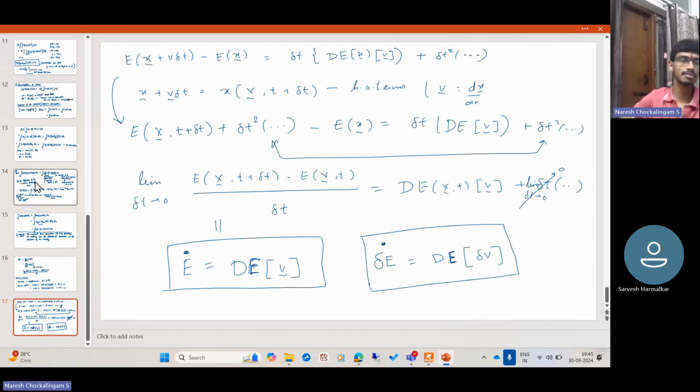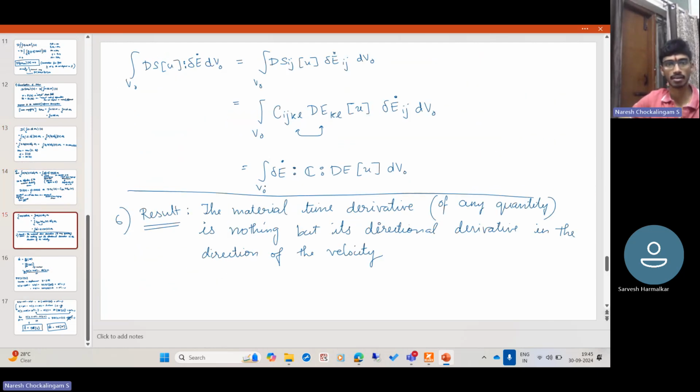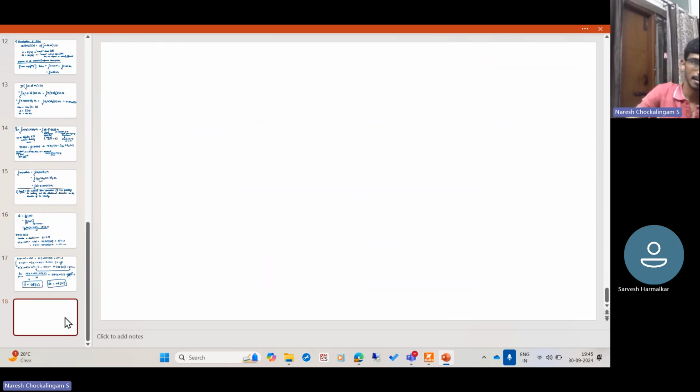Now plug this into this expression. Here in place of del E dot, you can put that. So what we get is the integral, on the left hand side, of the directional derivative of the second Piola-Kirchhoff stress tensor in the direction u, double dot with del E dot, dv, is equal to the integral with respect to v.